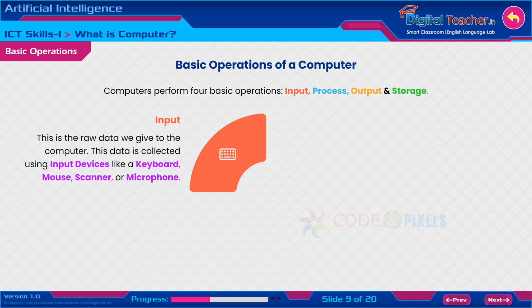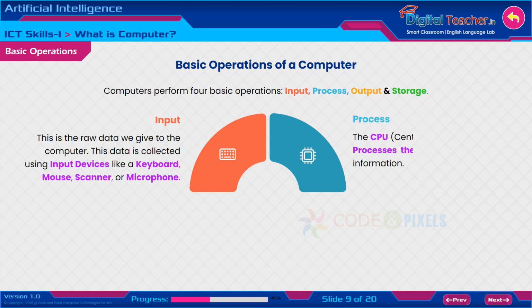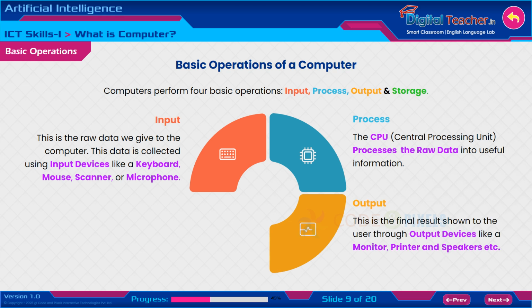This data is collected using input devices like a keyboard, mouse, scanner, or microphone. Process. The CPU changes the raw data into useful information. Output. This is the final result shown to the user through output devices like a monitor, printer, and speakers, etc.